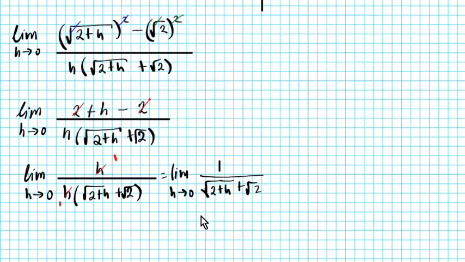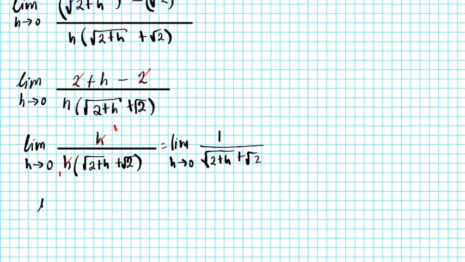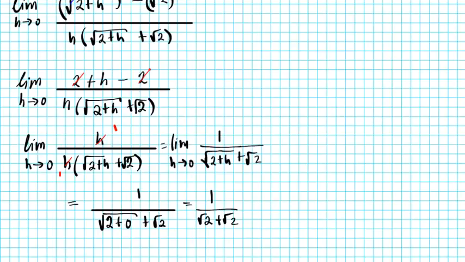Now, let's see, we're going to plug in 0. Because we've simplified it completely, if we plug in 0, this is going to become 1 over the square root of 2 plus 0 plus the square root of 2, which becomes 1 over root 2 plus root 2.